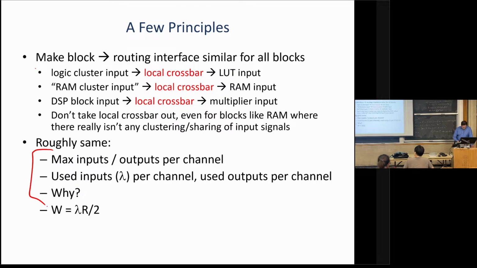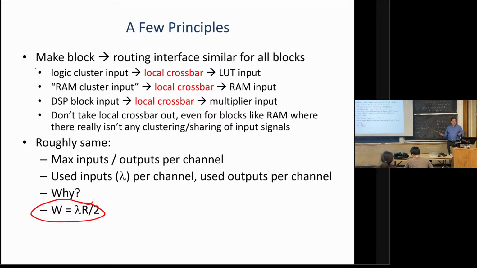Remember that the channel width I need is lambda, the number of inputs I need to get out of that channel into some block, times the average distance they went, divided by the fact that there are two channels. If my lambda varies wildly, like the number of signals I'm trying to take out of a routing channel, or I can reverse this, the number of signals I'm trying to put into a routing channel, from one spot to another, I can't really tune my routing architecture.